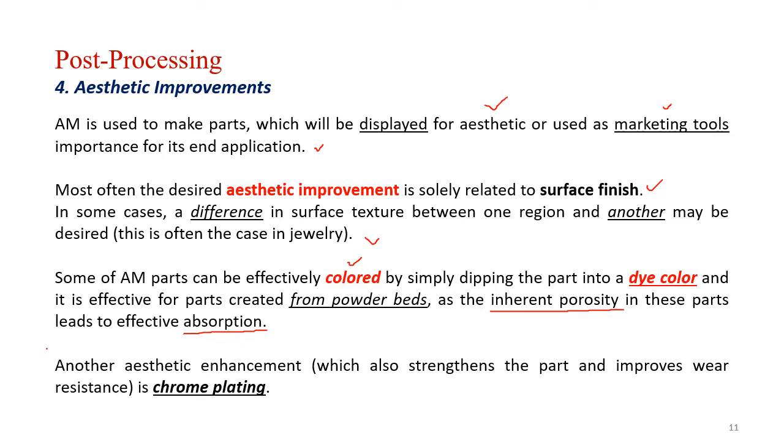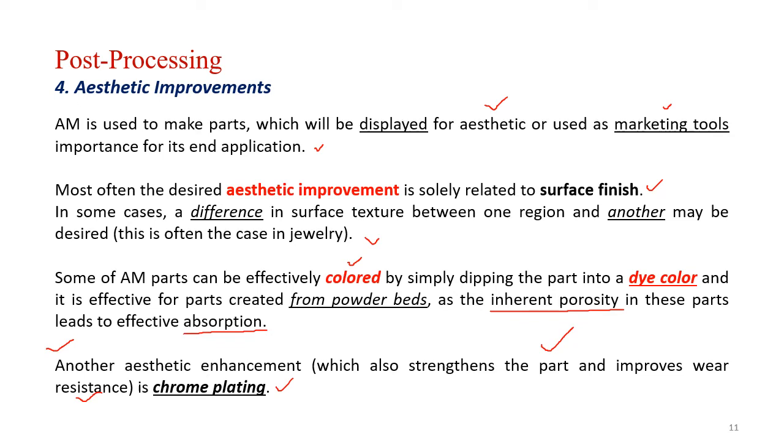Another aesthetic improvement is giving some coating to the part. It is going to strengthen the part and improve wear resistance. For example, by providing chrome plating, the surface is going to have resistance to wear, and moisture also will not get attracted, because it is a polymer.